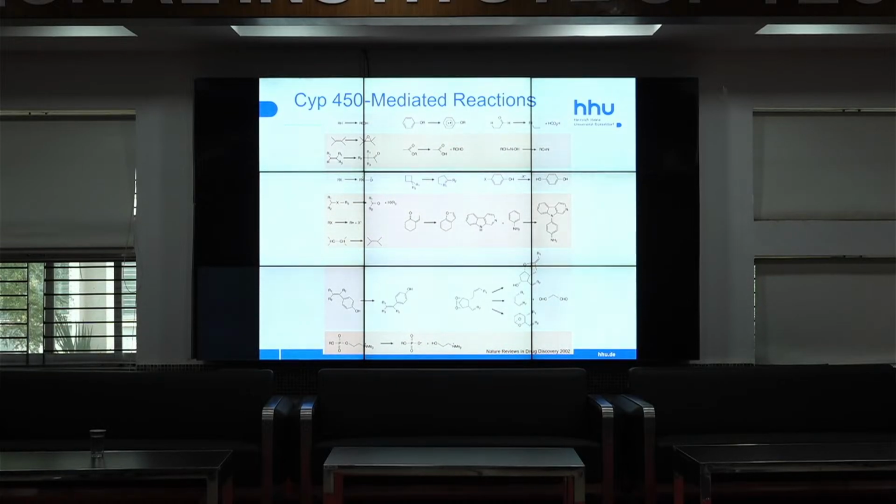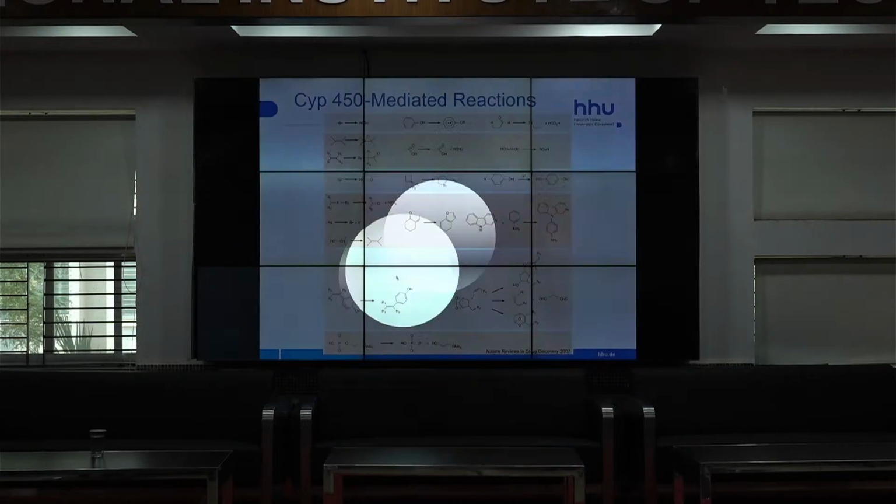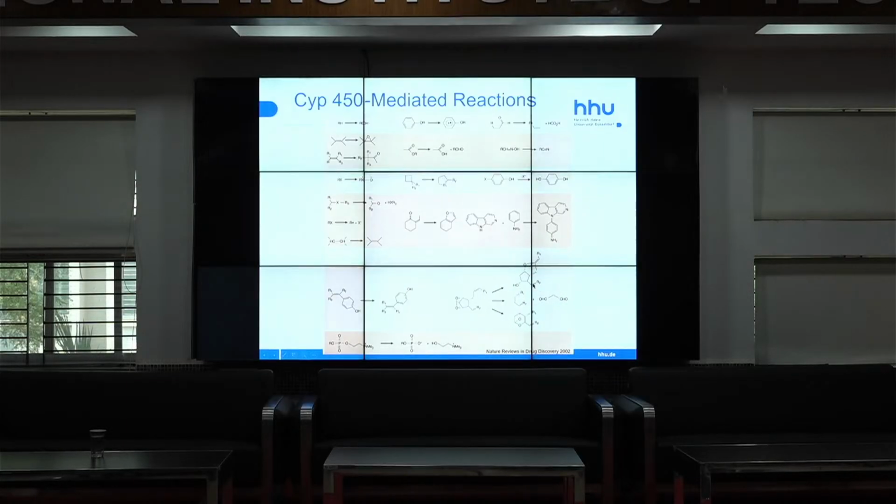I do not want to go into detail. I will show you later on some details in which way this can be considered. But you see many different pathways are involved here with the cyclooxygenase and so on. Different CYP-related reactions can be induced in this way.